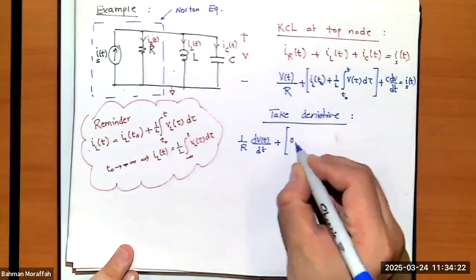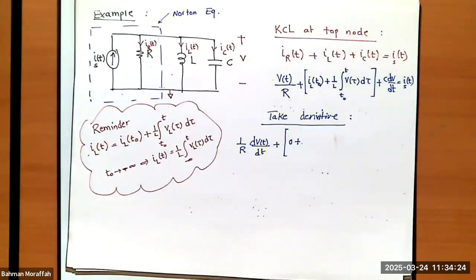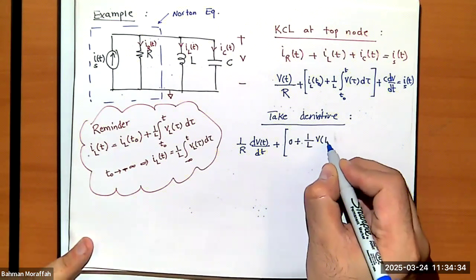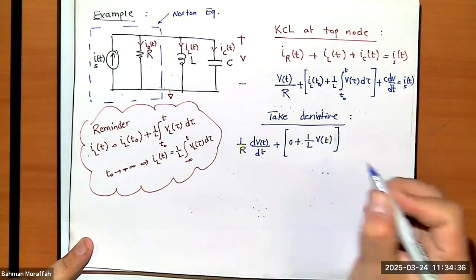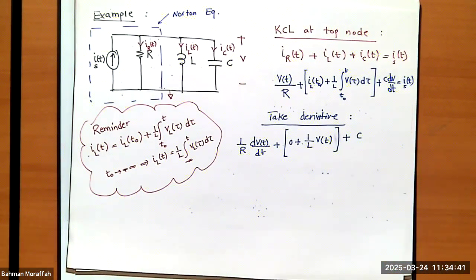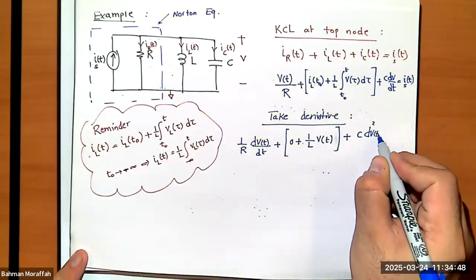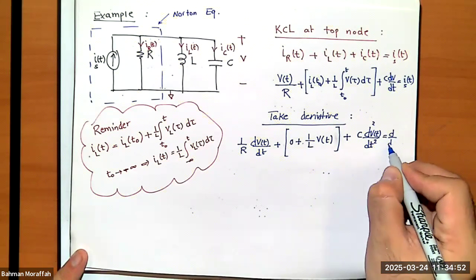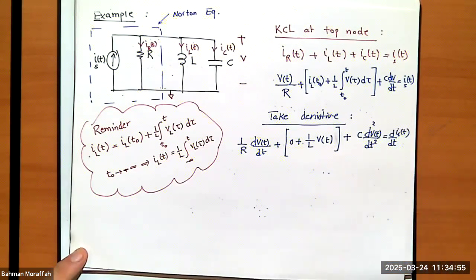So I have 0 plus, what is the derivative of the integral? It's basically the argument inside of it. So it's plus 1 over L v(t), plus C. I have to take a derivative of the derivative, so it's going to be the second order derivative, d squared v over dt squared, equals d/dt Is of t.